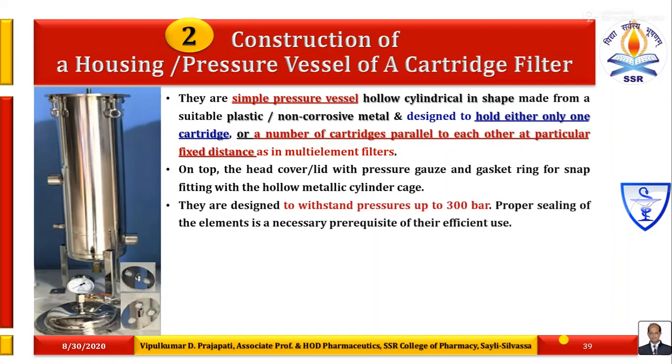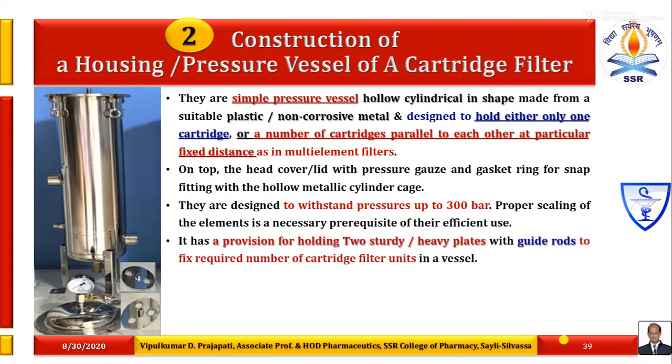They are designed to withstand pressure up to 300 bar. Proper sealing of the elements is a necessary prerequisite of their efficient use. It has a number of provisions for holding two sturdy or heavy plates with guide rods to fix the required number of cartridge filter units in a vessel or house.